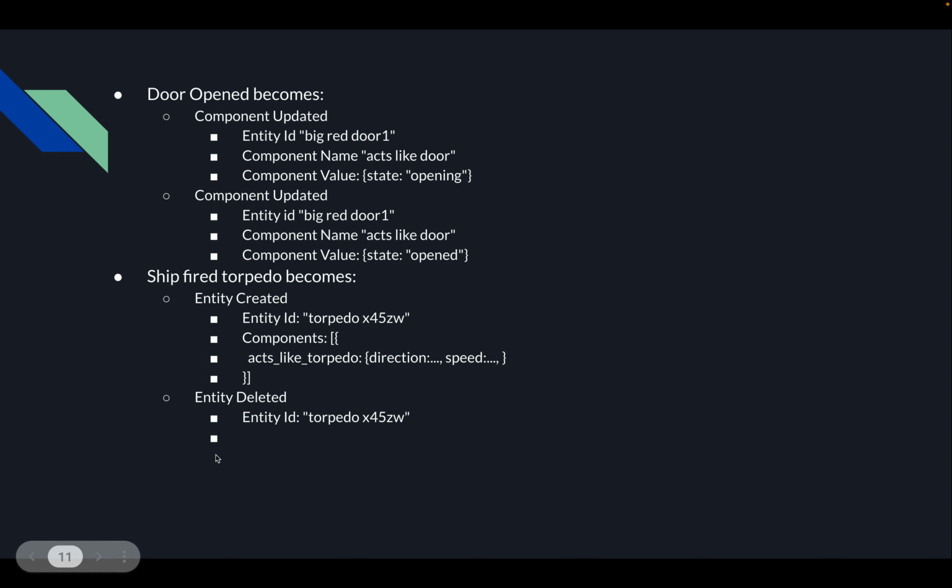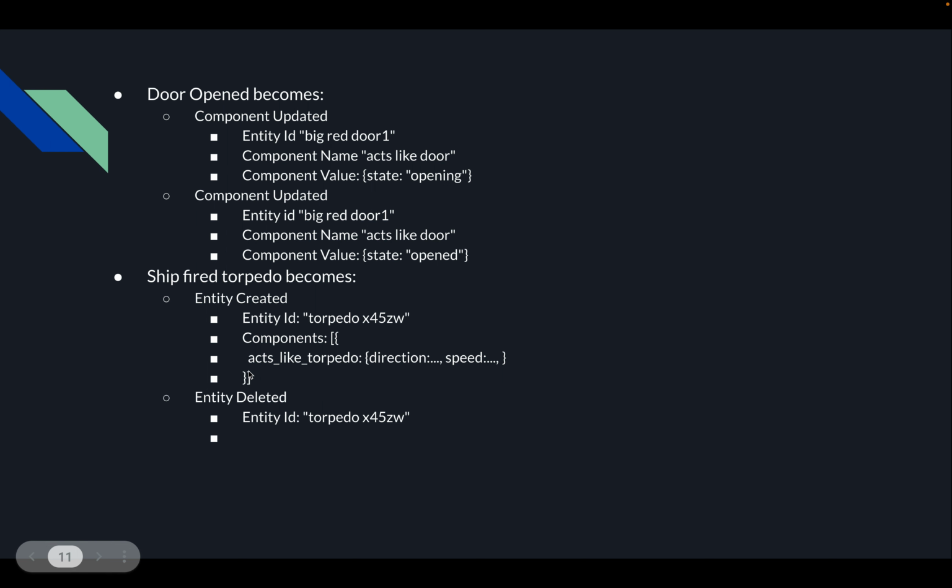Same thing with firing a torpedo, which is a slow-moving missile. A client would create an event that said, "Oh, I'm triggering a torpedo fire now," and that might be a new entity. It's creating a brand new entity ID with components like it acts like torpedo. It has an origin and a direction and a speed, and it's going off into the distance.